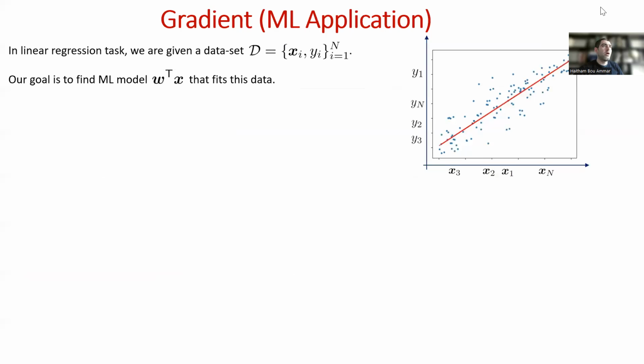Okay, we described that for just the calculus part. Now, let's discuss a bit the machine learning application of this. First of all, the gradients are heavily used in all of machine learning.